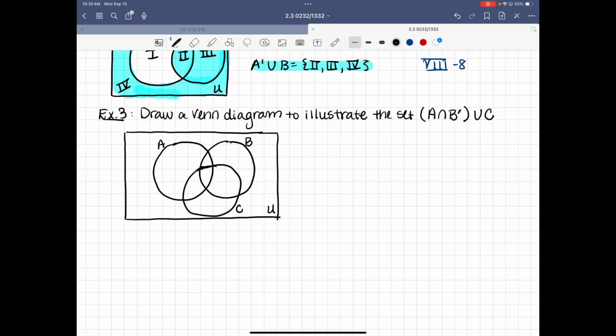Now, here's how we label those regions. You start inside the circles, just like we did with A and B, and kind of start, if you can imagine it, at the top part. So here's 1. Now this top little chunk of the intersection becomes 2. Can y'all see it? I didn't give myself enough room there. And then I go left to right, and I make the B part by itself 3.